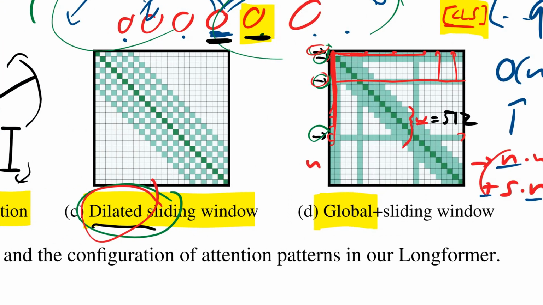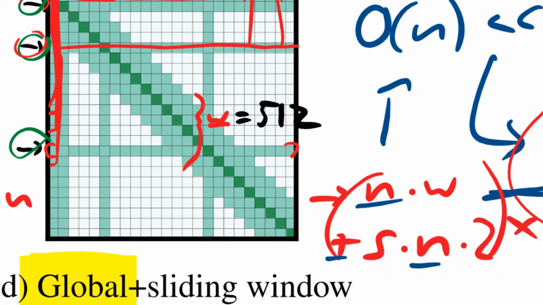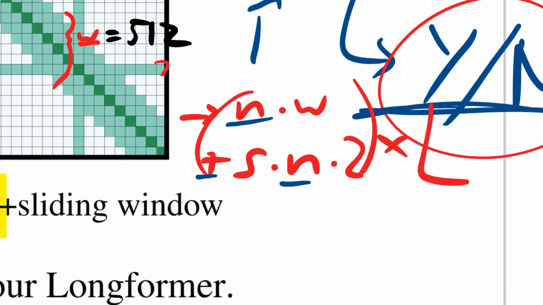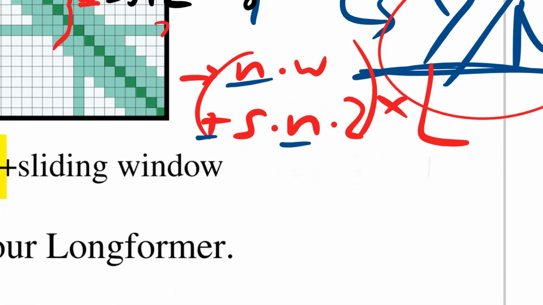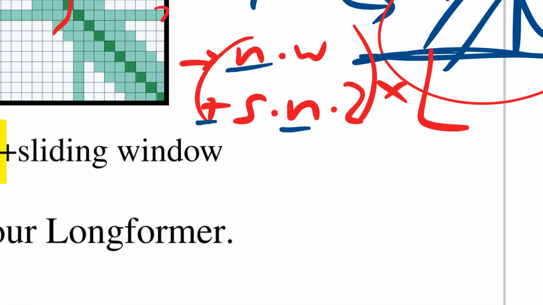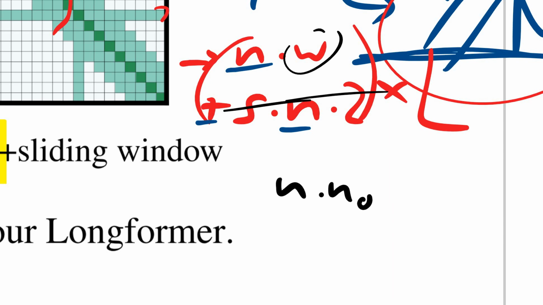If this W here is 512, 512 was the original N, the n0, whatever the old models had as an N. If I replace this, it's actually n times n0, and that regresses to the classic model if you plug in n0 here.